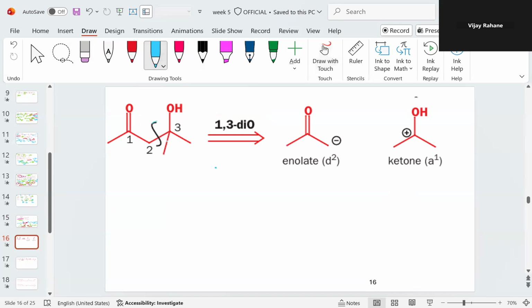In this case, if you look closely, we can do the disconnection here, and what we get is an enolate and a positive charge. The synthetic equivalent for this one will be the ketone, and for this one it is also the same ketone.